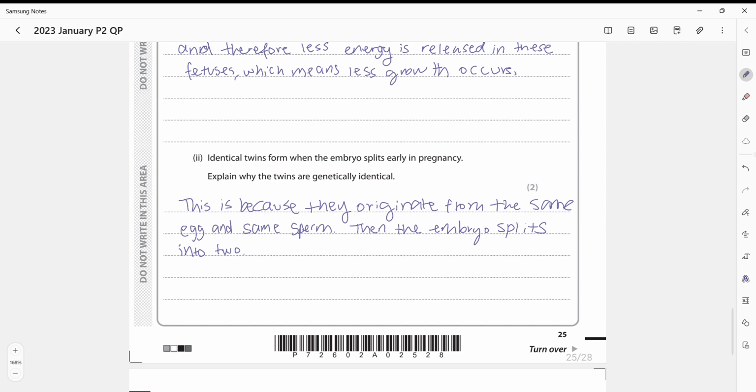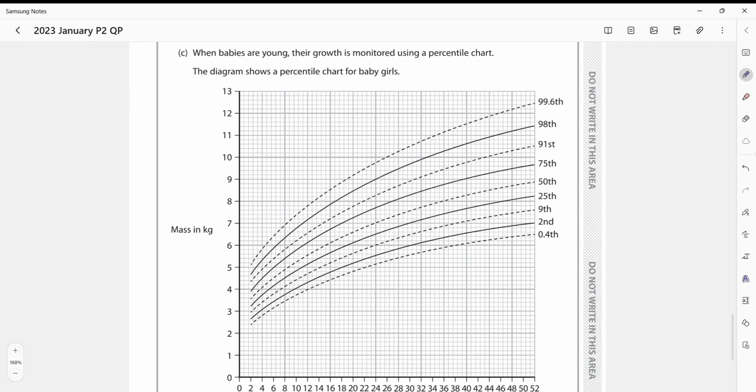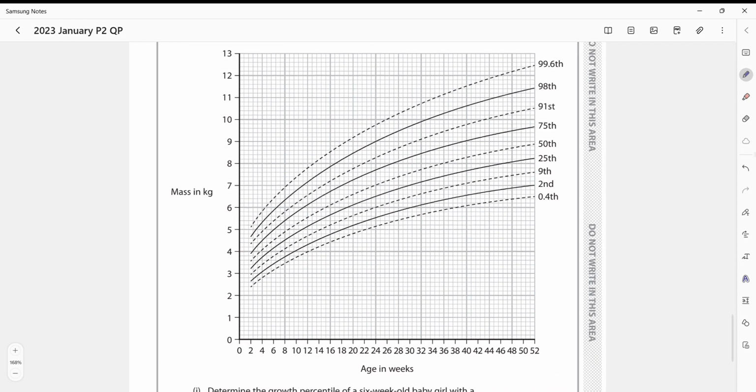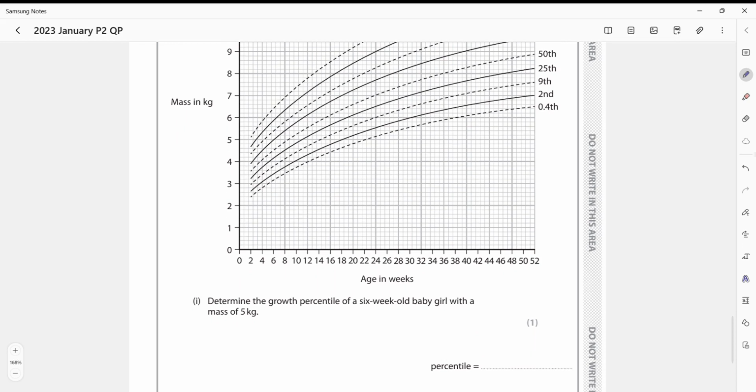Okay, let's move on to the third part here. Part C, when babies are young, their growth is monitored using a percentile chart. The diagram shows a percentile chart for baby girls. Determine the growth percentile of a 6-week-old baby girl with a mass of 5 kilograms.